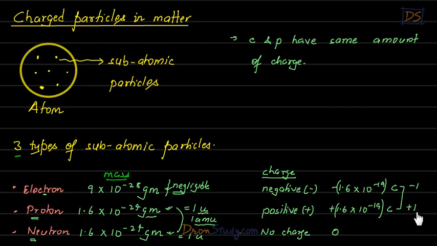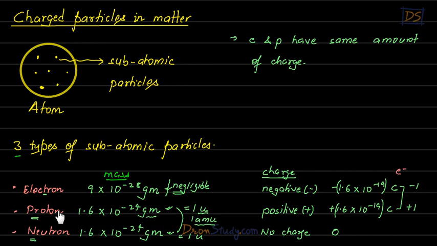Understood? One more interesting point here. This electron is represented by a small symbol, and the symbol of electron is e minus. Why e minus? E for electron, and this minus represents that electron carries negative charge. Now, similarly, you can think about the symbol of proton.